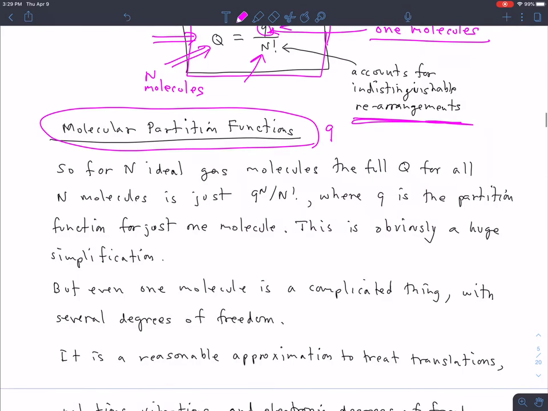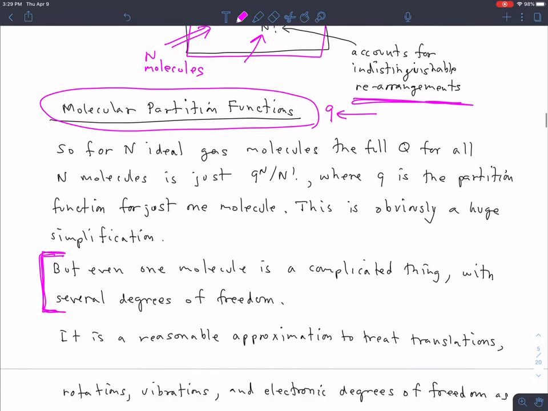A molecular partition function is certainly easier to deal with than the partition function for an entire array of Avogadro's number of molecules, but it is still, in principle, a fairly complicated thing. There's a lot that goes on inside a molecule, so there's a lot that goes into this Q. What can we say about it? Well, it turns out we can say a lot.